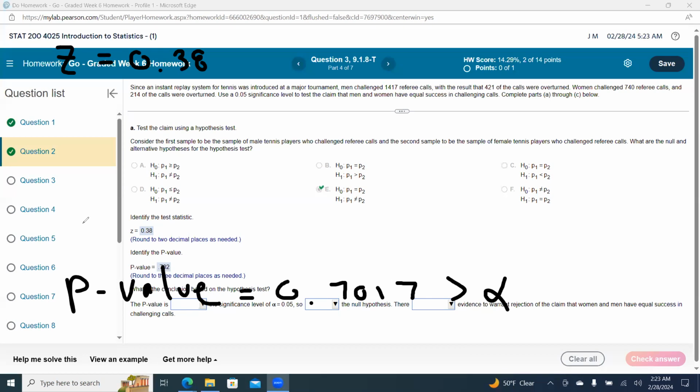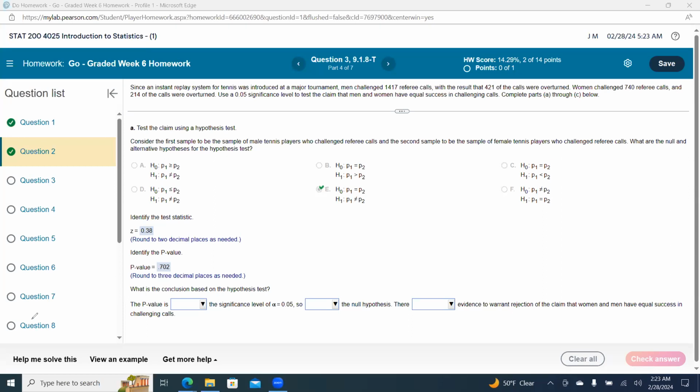Okay, good. So the p-value for this one is greater than the significance level alpha. So fail to reject the null.